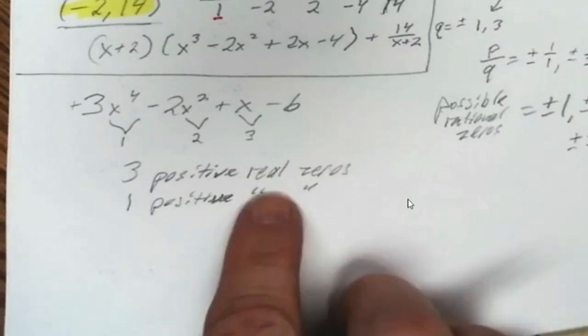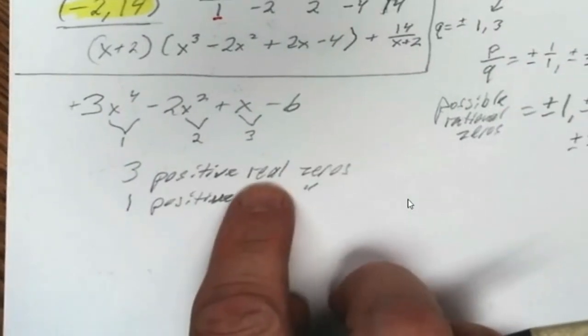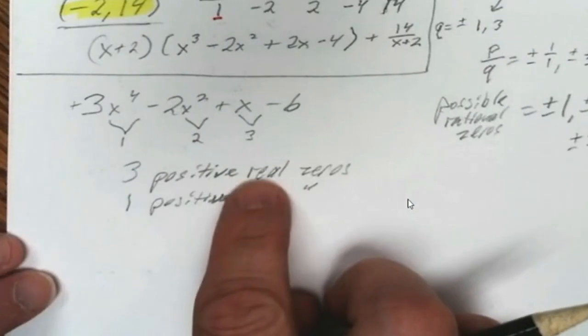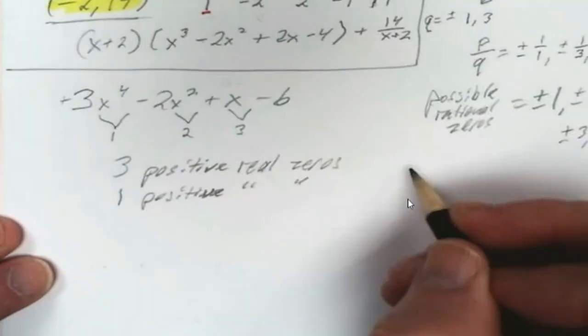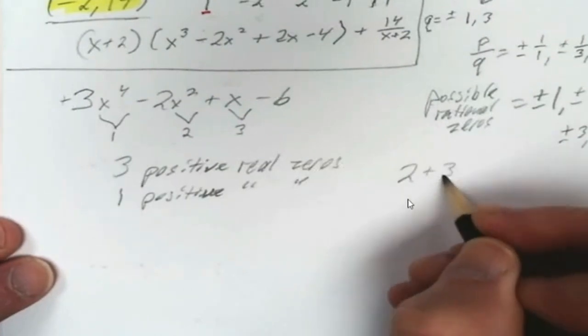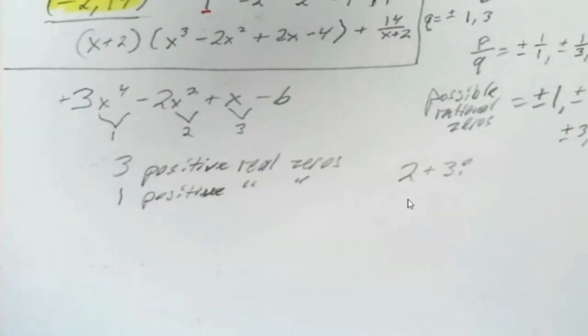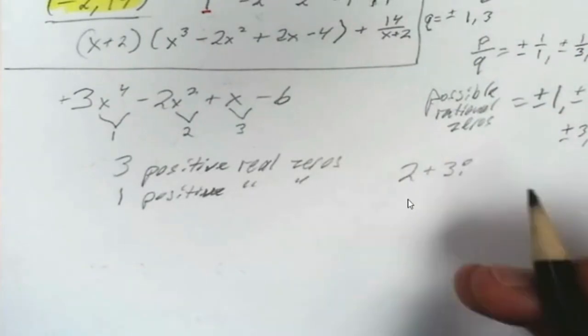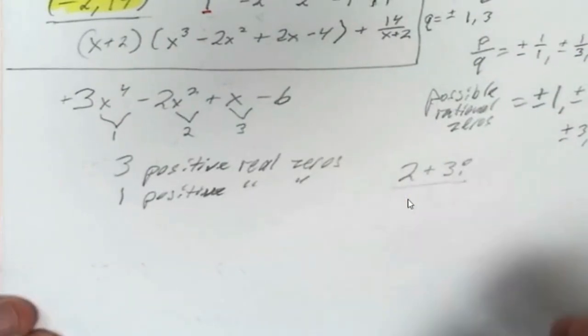Well, here's the thing. If it's not a real zero, maybe there's an imaginary zero. All right, so maybe it has a 0 at 2 plus 3i. Maybe when we do the math, we find out that this is one of the zeros.